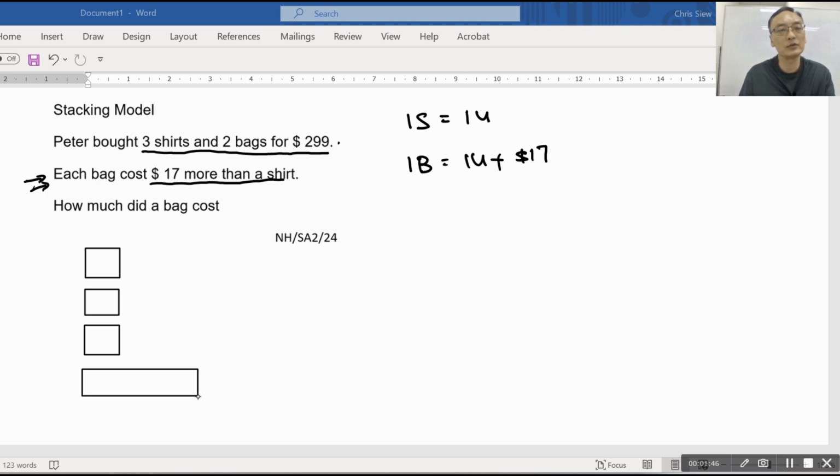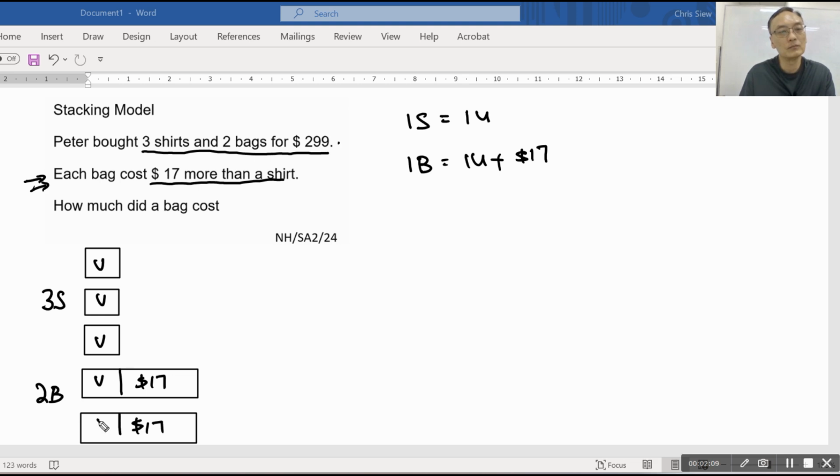Remember, each bag costs more than the shirt. So this is how we draw this. 3 shirts and 2 bags. So each bag is $17 more. And their total is $299.